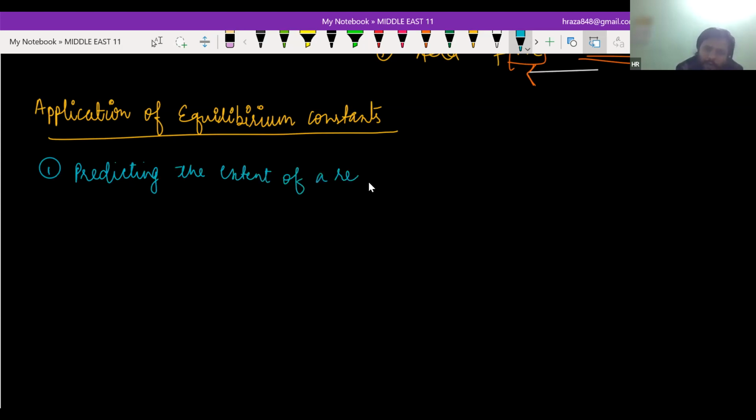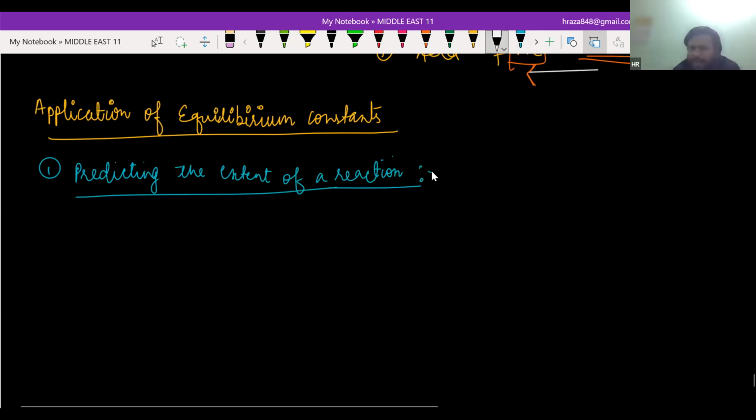If we know the value of the equilibrium constant, we can predict the extent of reaction, how much it will go forward. That means approximately how much product will form and how much reactant will remain. How we predict depends upon the value of the equilibrium constant.